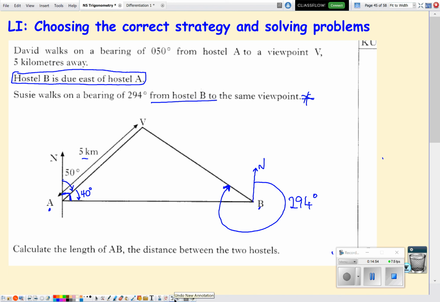So we've got an opportunity to work out this angle here, right? Because from the north line, round to the line that takes you from B back to A, that has to be a bearing of 270.